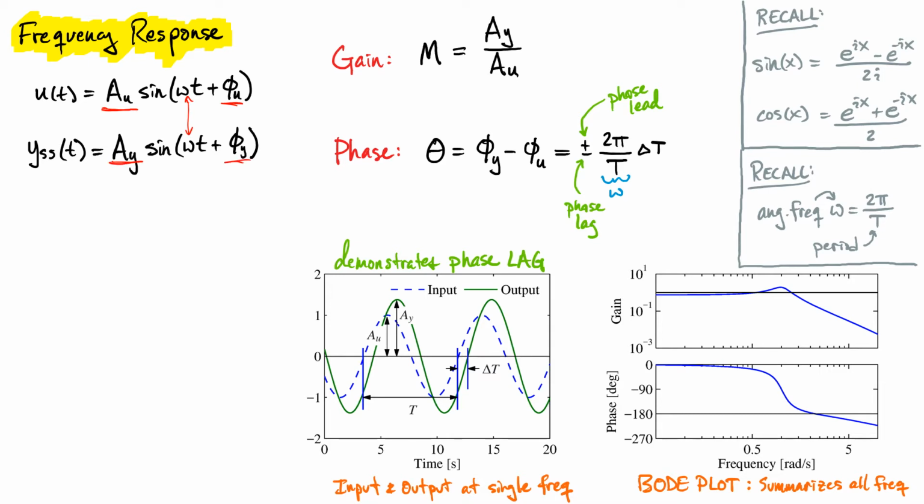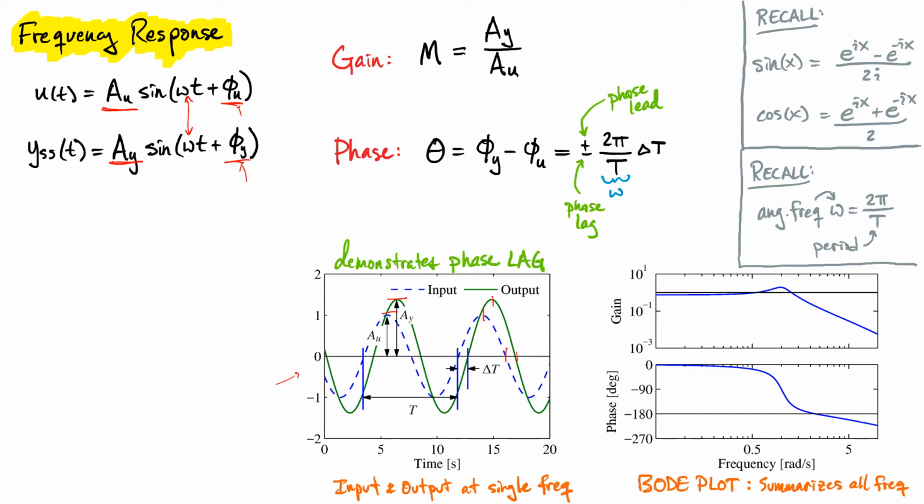The signals would look something like this, where the blue dashed line is the input and the green solid line is the output. There could be differences in these amplitude heights, and then the crossing, so we talk about a phase shift. You can look at that either where these things cross 0 or where they reach their peak. That value is always going to be shifted by the same amount if these are constants.